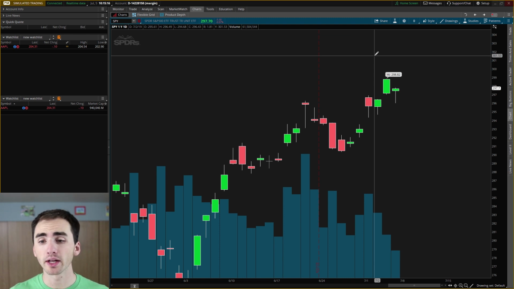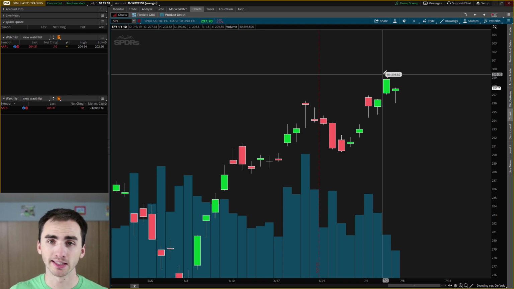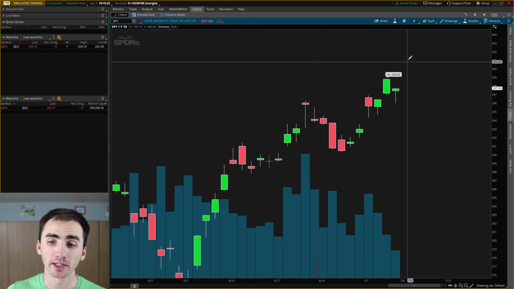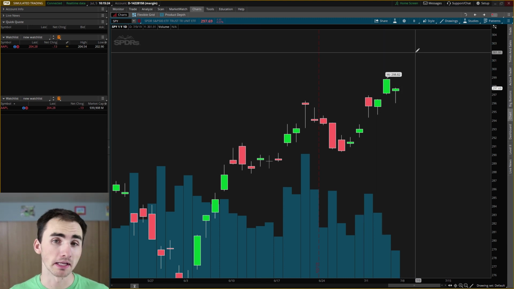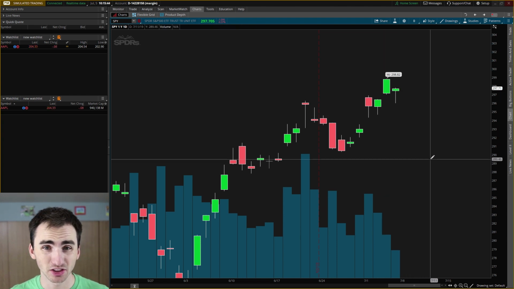Now the easiest way to think of a call debit spread is the exact same thing as buying a call. If the stock keeps going up, then we are going to make money, and if it goes down, we're going to lose money. But unlike buying a call, which has unlimited potential for profit, it does have that risk of losing all of the value of that call if the stock goes down against you.